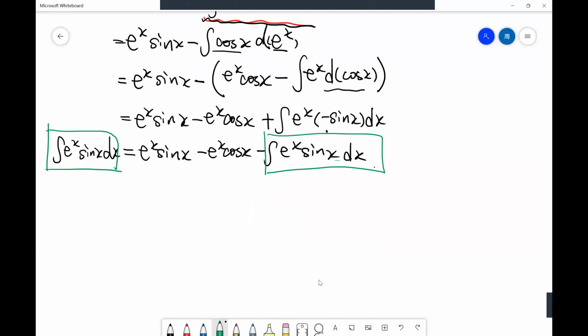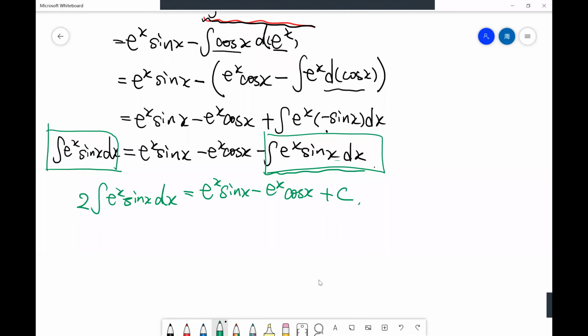So we can put this part from right to left. That means 2 times the integral of e^x sin x dx equals e^x sin x minus e^x cos x plus C, right?